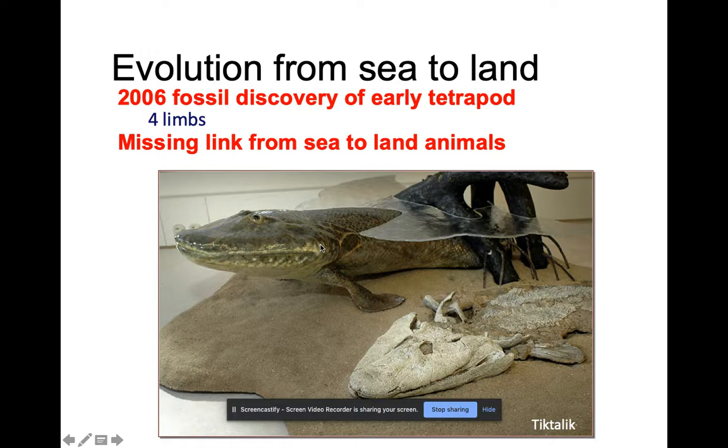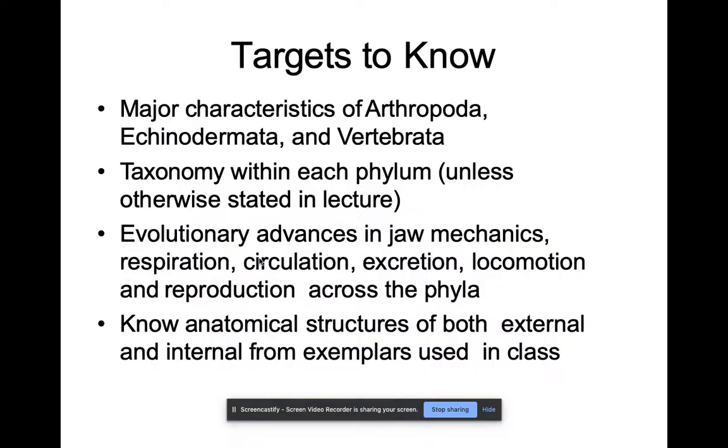Those that were better able to get into the shallows and breathe atmospheric oxygen were best able to survive and pass on their genes, allowing the next major class of vertebrates, the amphibians, to arise. But that's for the next video.